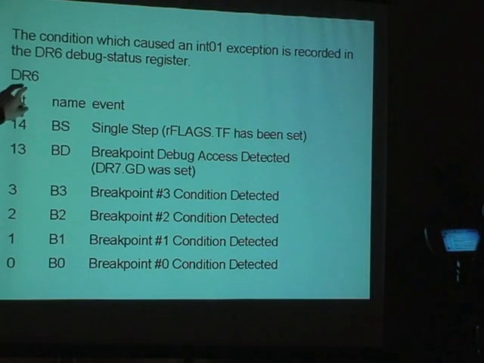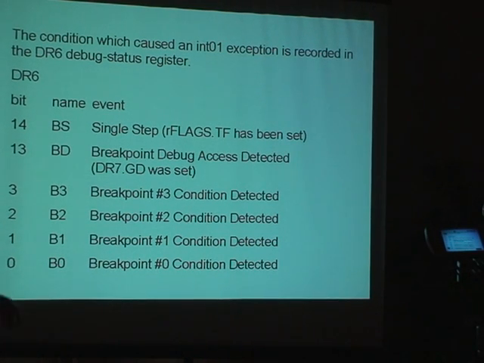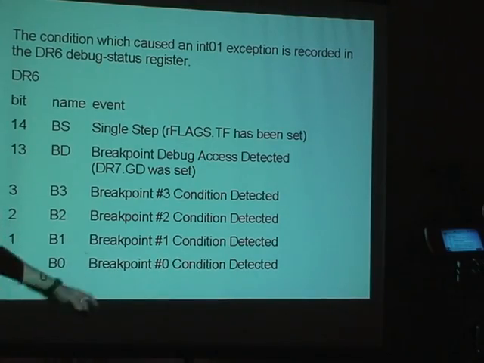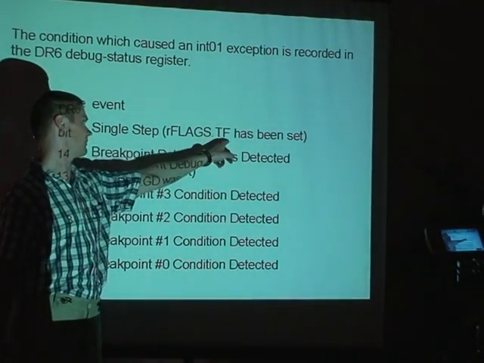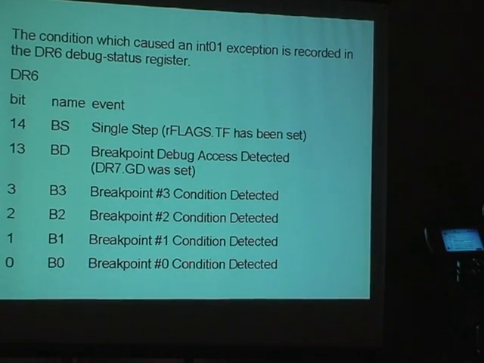So when debug register 6 has bit 14 set, it means that a single step occurred as a result of the enabled trap flag in the register of flags.